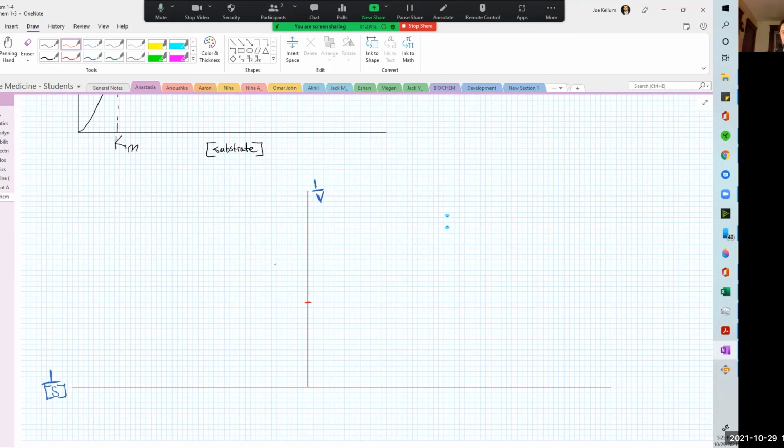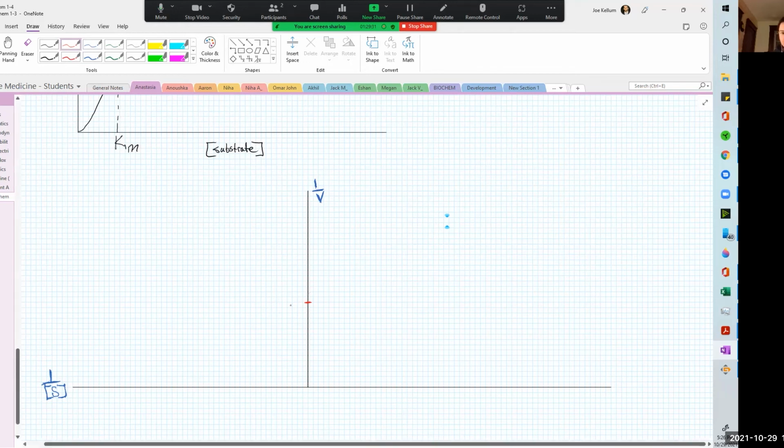So if I want my x value to be 1 over infinity, what is 1 over infinity? It's 0. So if my x value is 0, then the y value corresponding to that has to be 1 over Vmax. Yeah, exactly. Perfect. Nice. You may be the first person I've ever worked with who came to that conclusion that quickly.